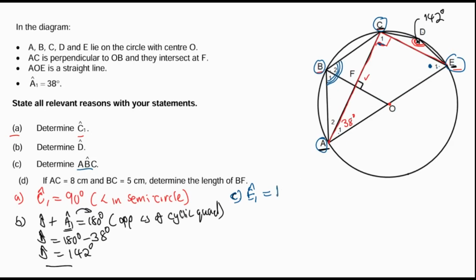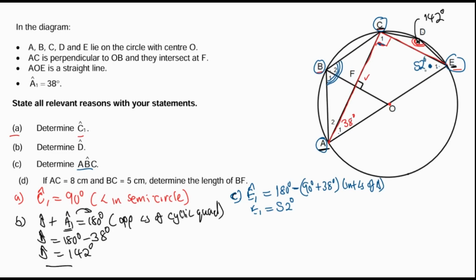Angle E1 is equal to 180 degrees minus, and then you add these two, 90 degrees plus 38 degrees. The reason here: interior angles of a triangle. Right, meaning that angle E1 is equal to 52 degrees. This angle is 52 degrees.